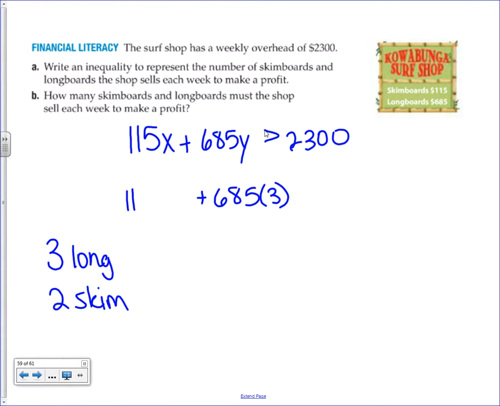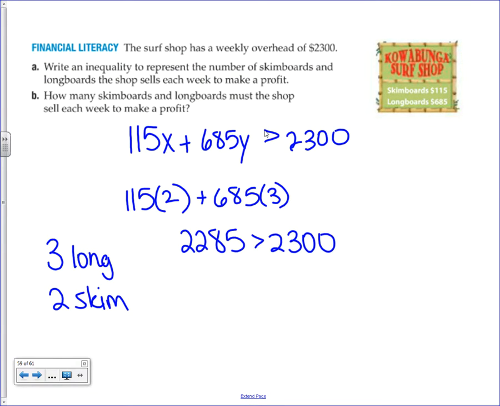And then the skim boards were the X. So can you type that into your calculator for me? What does that give you? I really can't hear you. $2,285, like that? Is that greater than 2,300?